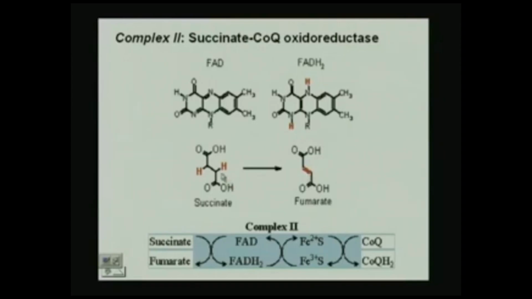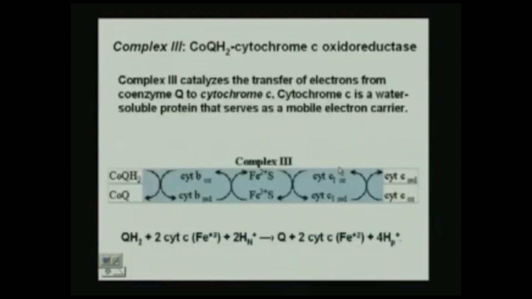It is a dehydrogenase because you are removing the hydrogens from succinate, or it is also known as succinate CoQ oxidoreductase. Okay. But this enzyme can also be mentioned as succinate dehydrogenase because it is taking the hydrogens from succinate and forming fumarate. Okay. This is actually complex 2, but there are no protons transferred.